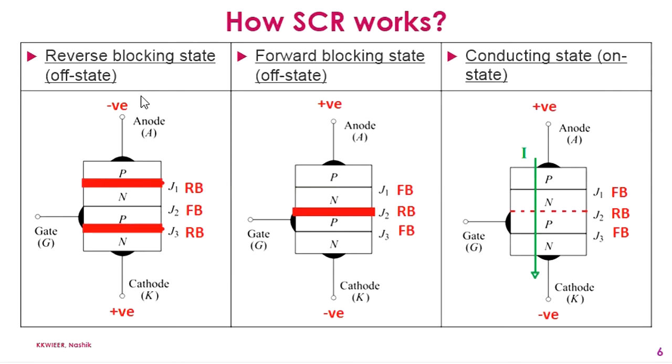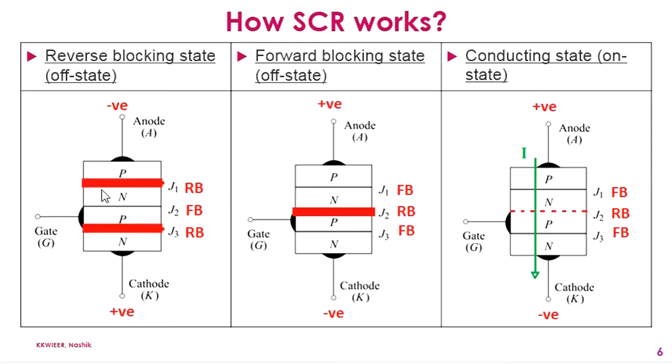The first state, that is the reverse blocking state. In this, the end N layer, that is the cathode side, is made positive with respect to the end P layer. So the battery is connected between anode and cathode in such a way that the positive polarity is connected to the cathode terminal and the negative polarity is connected to the anode side. Then the middle junction J2 will become forward biased.